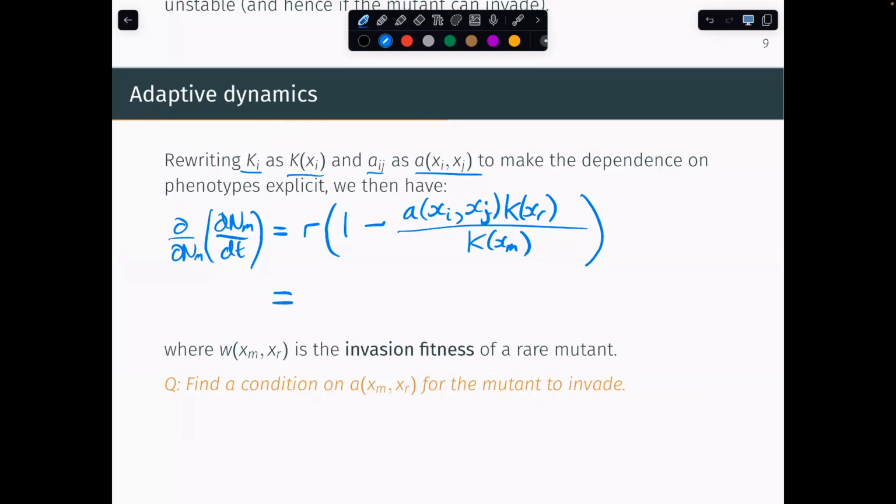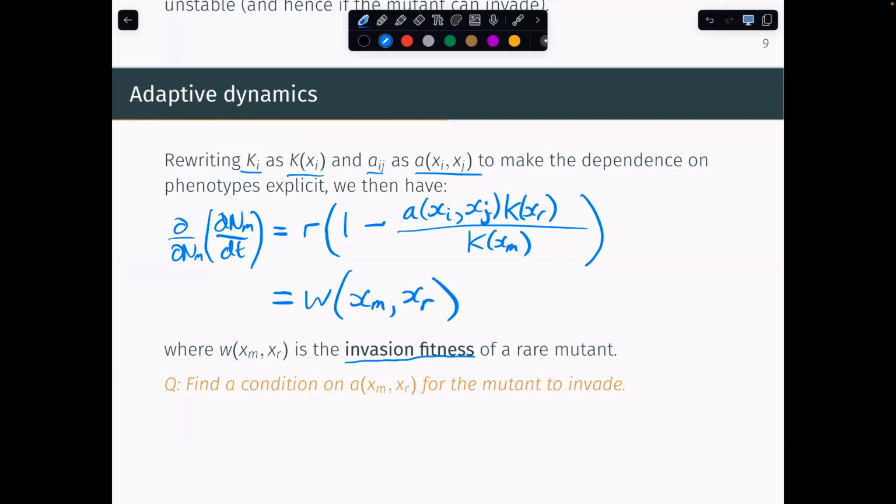And this thing here, I'm going to call w of x_M, x_R, so some function of x_M and x_R, and this is my invasion fitness. This is what I'm defining to be my invasion fitness of my rare mutant.